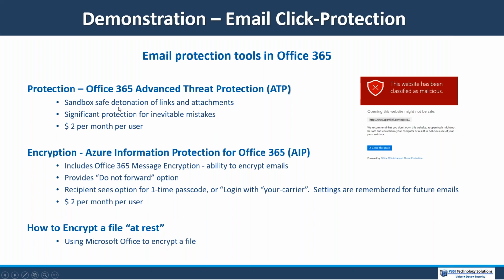It just, instead of returning back to the email user a ransomware or a virus, it returns back a message that says, you shouldn't have done that. I'll show that to you quickly. So these are two things I'm going to demonstrate quickly. I'm not trying to sell Office 365 and these products, although we do sell these things. I'm trying to make you aware that there are ways that you can protect against bad clicks and you can encrypt email.